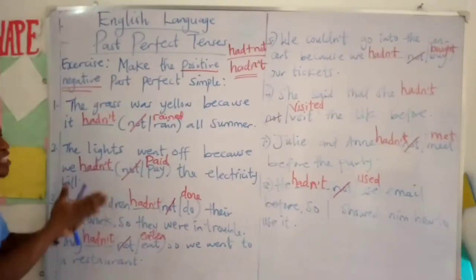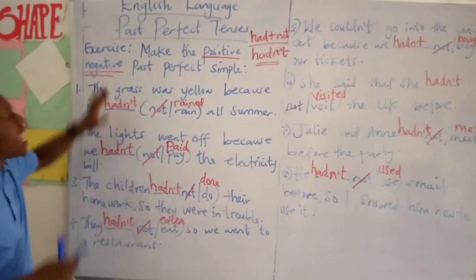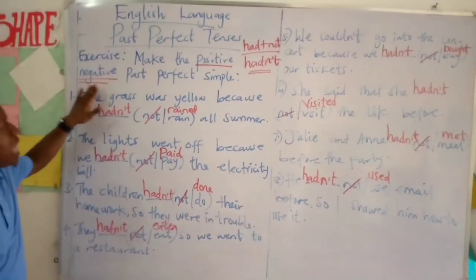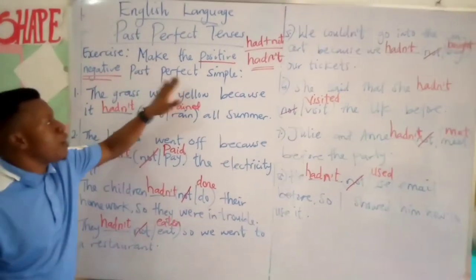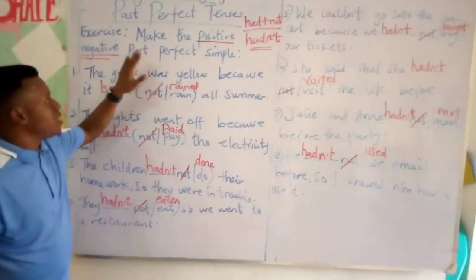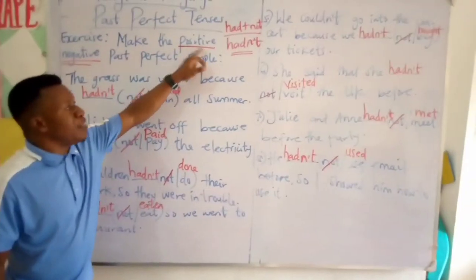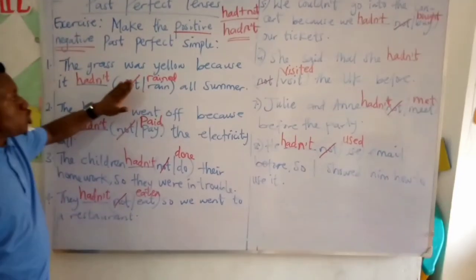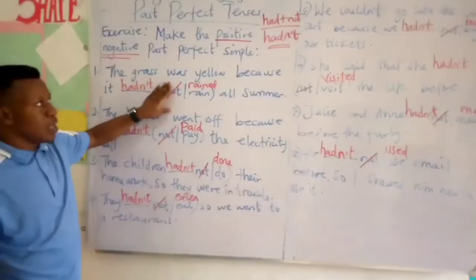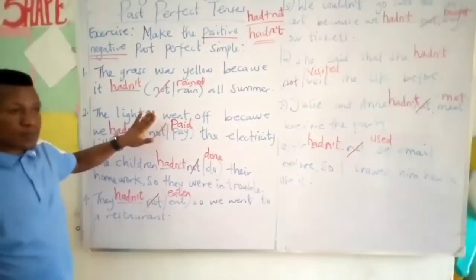So these sentences are in the negative past perfect form. If it's positive, like the first one we did, don't introduce not. When it's negative, you introduce your not.